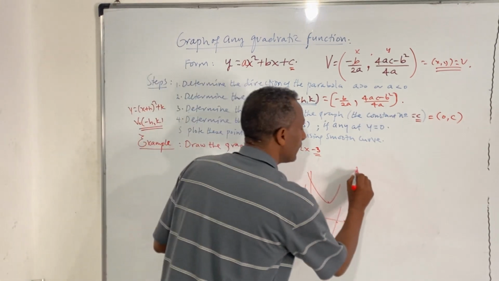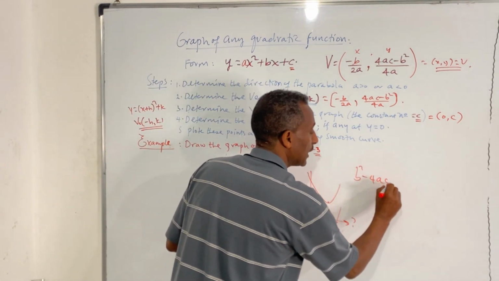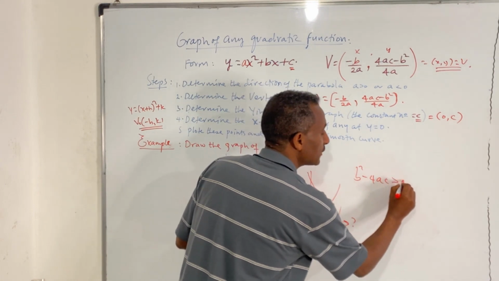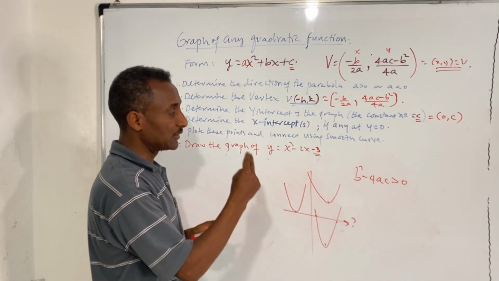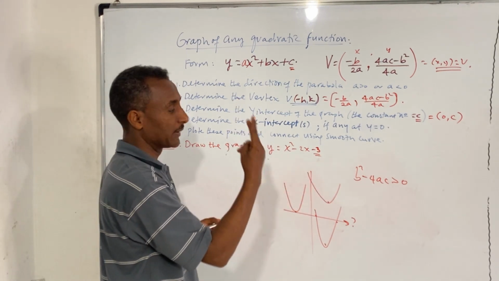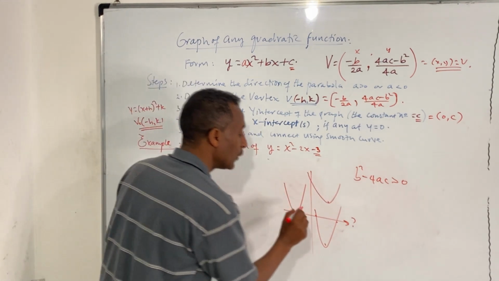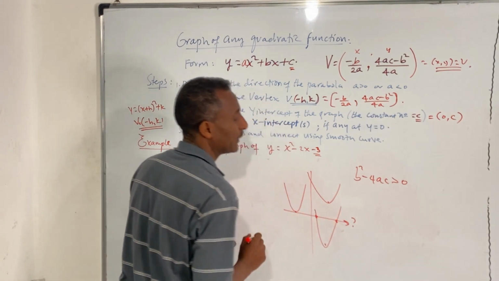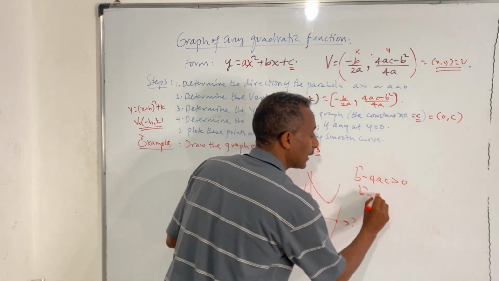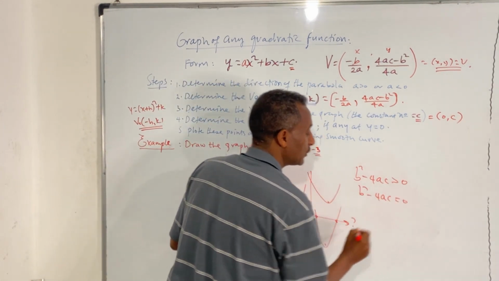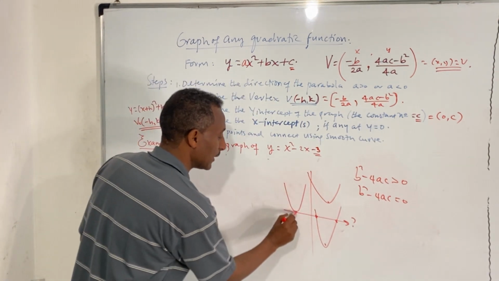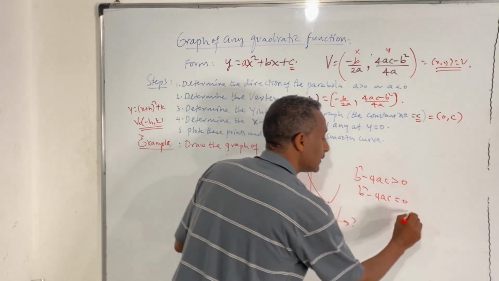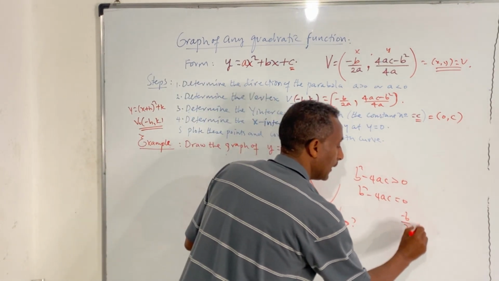b squared minus 4ac, do you remember? When this is greater than 0, we have two solutions, as we said when solving a quadratic equation. Two solutions means two x-intercepts. If b squared minus 4ac is equal to 0, we will have only one x-intercept, at minus b over 2a.